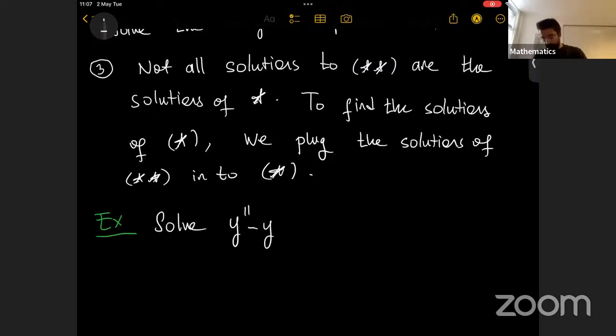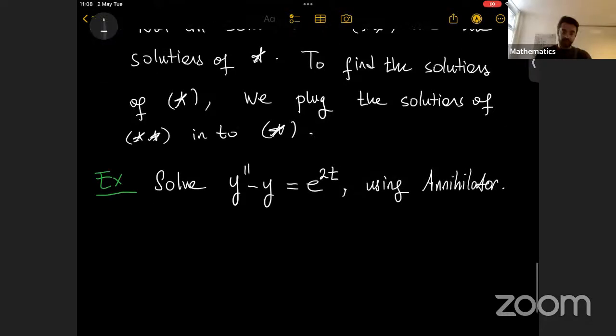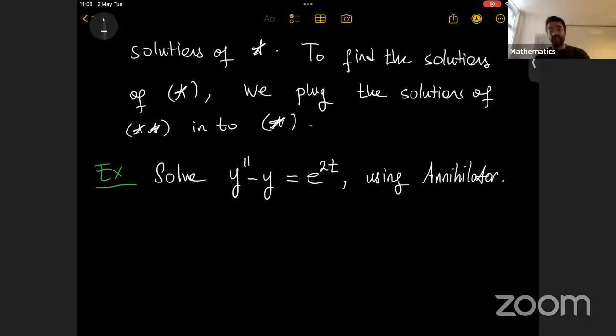Second derivative minus y is equal to e to the 2t. Of course, you can solve this by guessing the particular solution like we did earlier. This is one way. Here, we will solve it using annihilator.